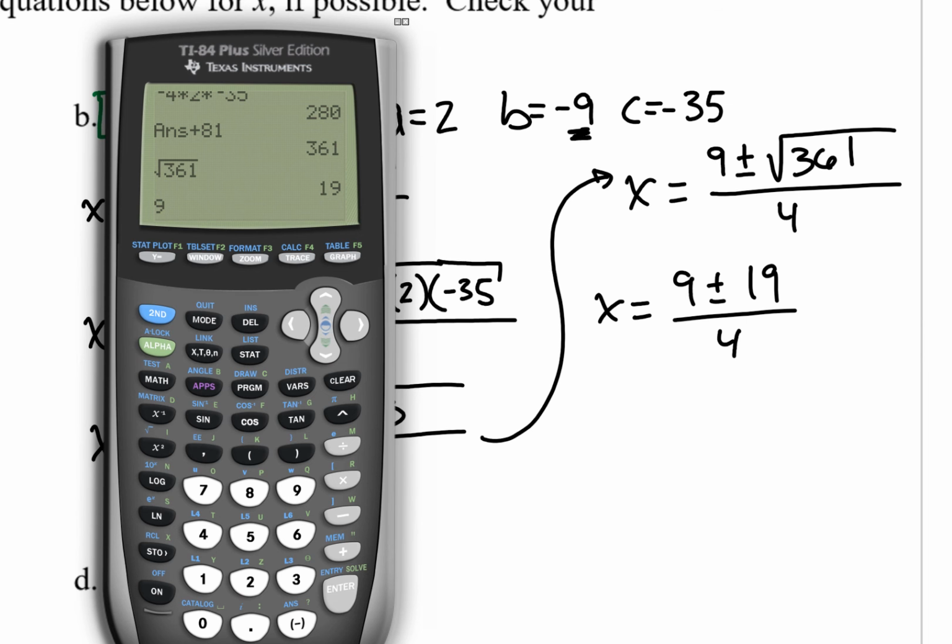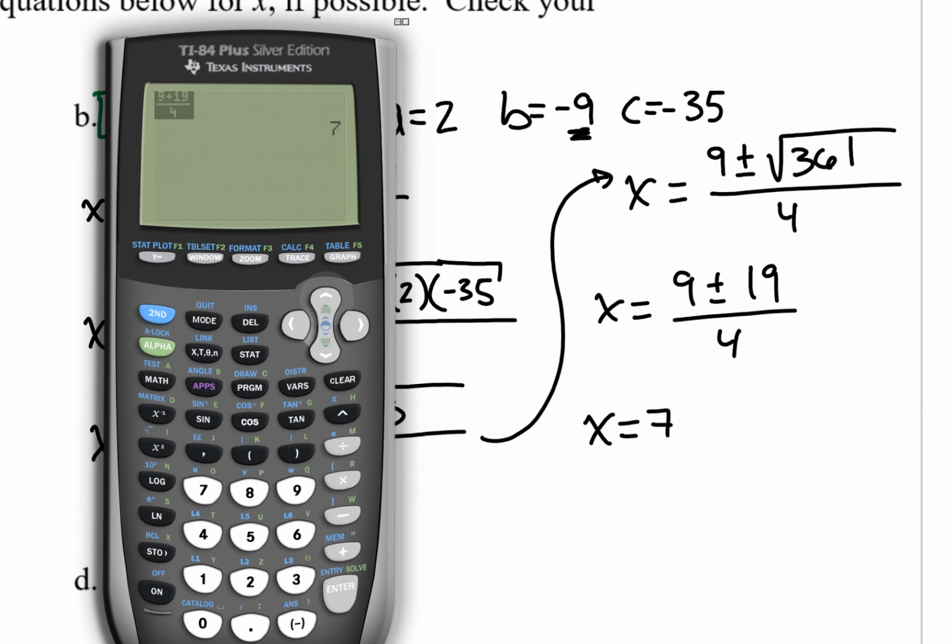Actually, I'm going to do this as a fraction too. I hope you guys are practicing using this fraction key. It's amazing. So I've got 9 plus 19 in my numerator over 4, which is 7. So x is, of course, 28 divided by 4 is 7.